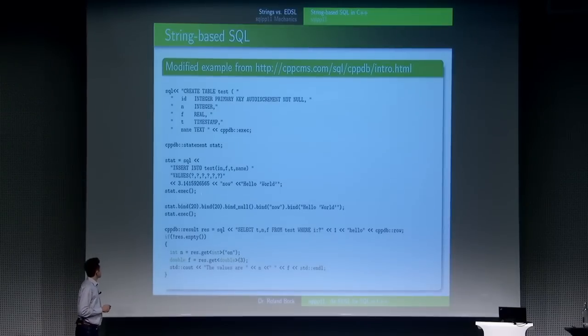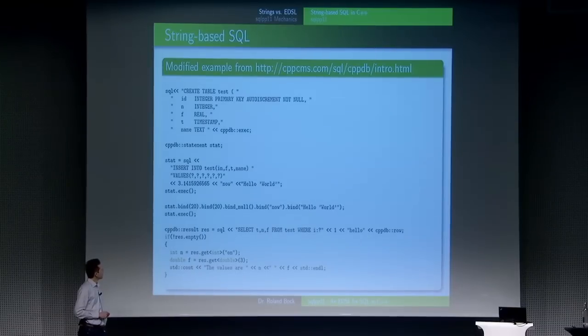Then afterwards, it turns out that this statement is a prepared statement, and we can just bind new values to it. That's pretty much the same as streaming values into it. Execute it again, and we could repeat this several times. So now we have inserted several values into the database. Then we want to select something from it.